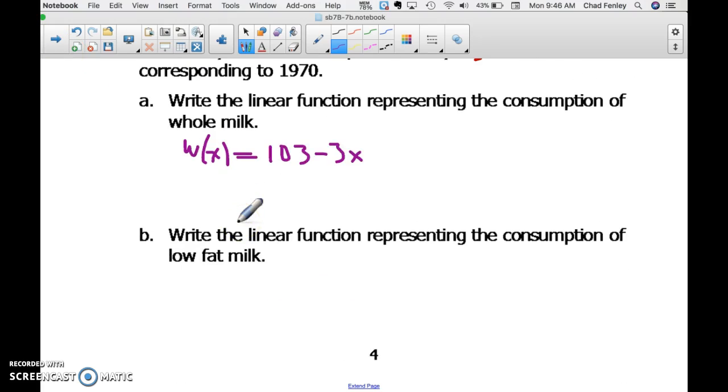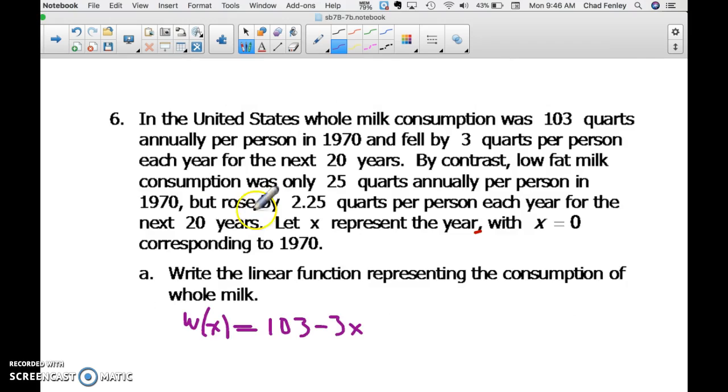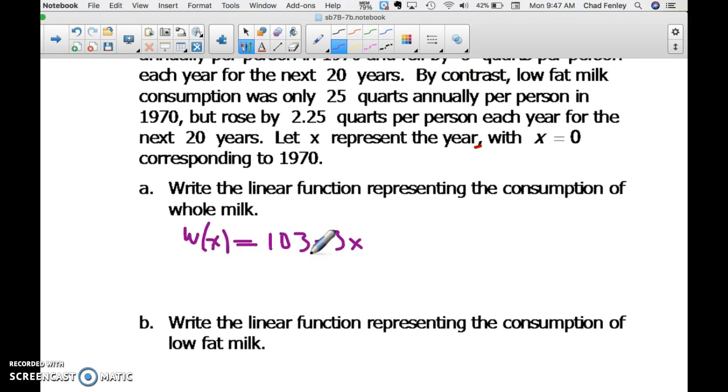Part B says write the linear function representing the consumption of low-fat milk. Low-fat milk was only 25 quarts annually per person in 1970, but rose 2.25 quarts per year.